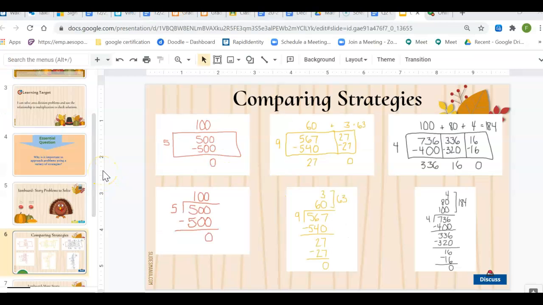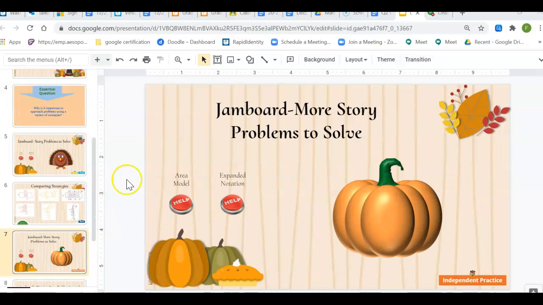So for our next slide, I just want you to take a few minutes to take a look at and compare all the different strategies used to solve that same problem. One right here, and the one in black. Okay. So we're going to get more practice, guys. Our next slide is introducing us to another Jamboard, more story problems to solve.